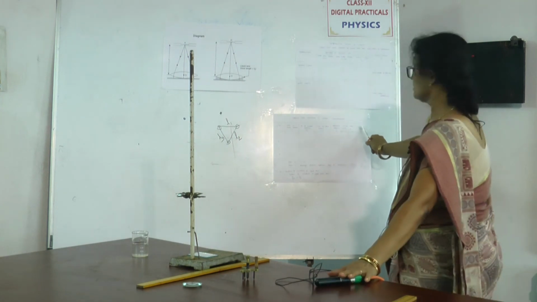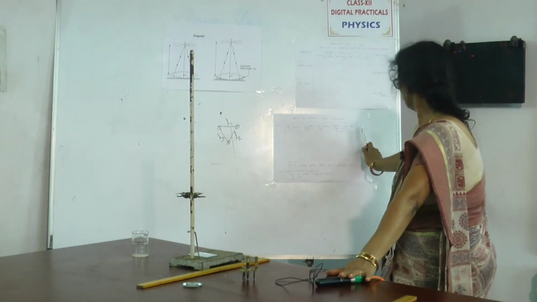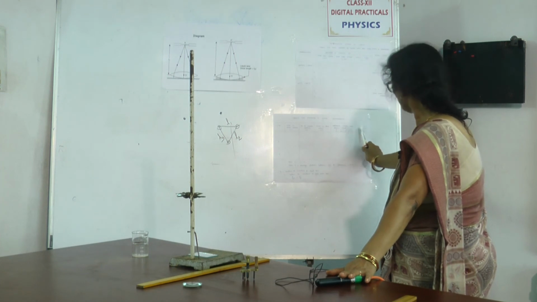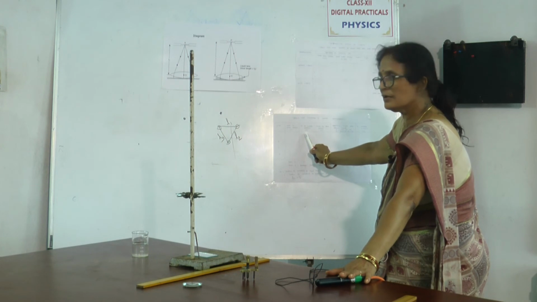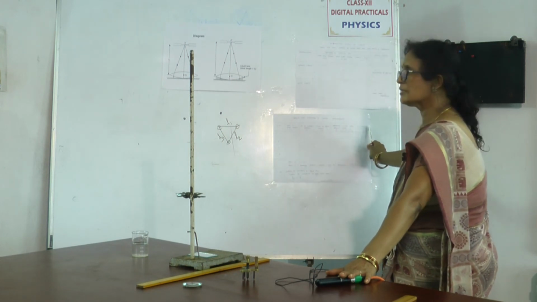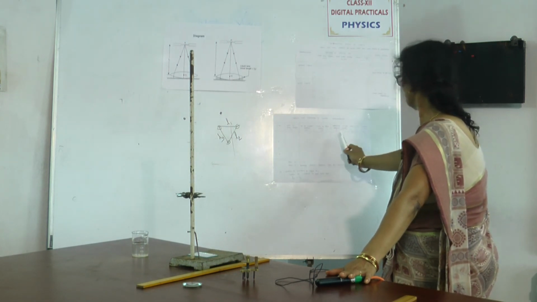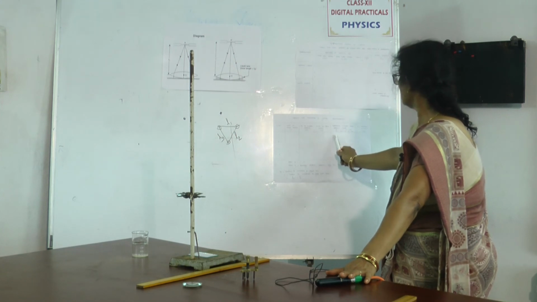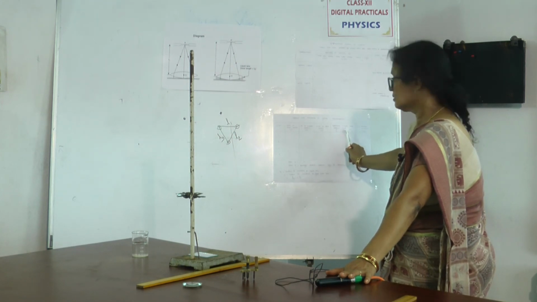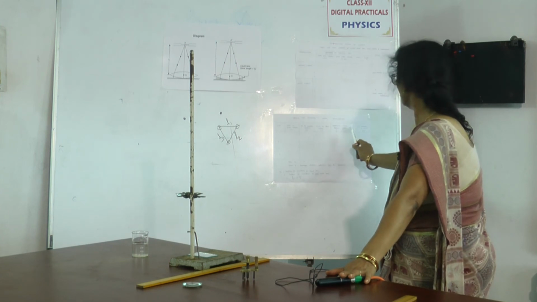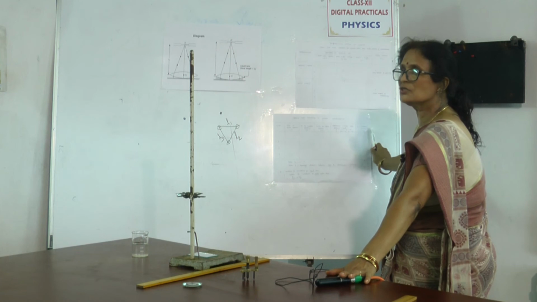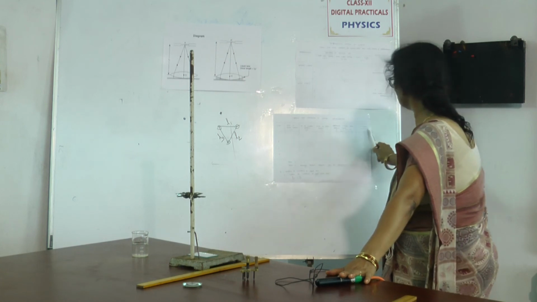Then x, that is the sagitta, is equal to the number of rotations into pitch. Number of rotations we found here is 1 into pitch 0.1 centimeter, plus extra divisions into least count, that is 0.001 centimeter. So like this you get the sagitta.